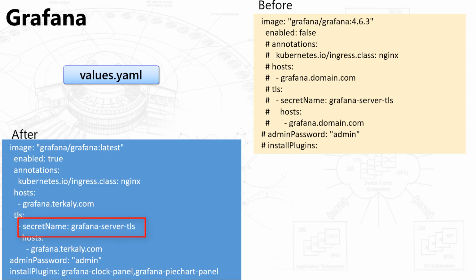Also, notice my TLS host, grafana.turkley.com. Admin password, commented out. And also, I've added some custom plugins here so that when I bring up my Grafana dashboard, I can get a pie chart. And this was some of the guidance that Tim Park had given that I used.